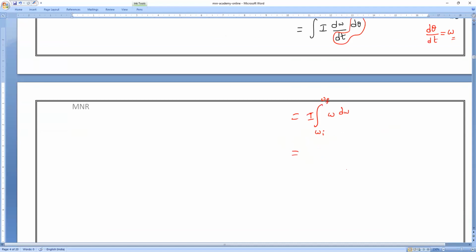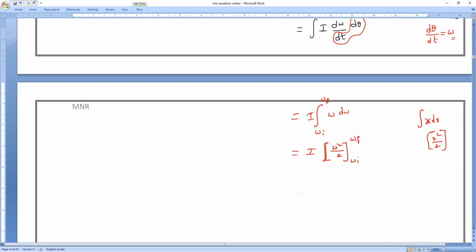So now the integral of ω dω, I remains constant. What is the formula? Integration of x dx is x square by 2. Correct or not? Please respond. In the same way, it is ω square by 2, varying from initial angular velocity to final angular velocity.